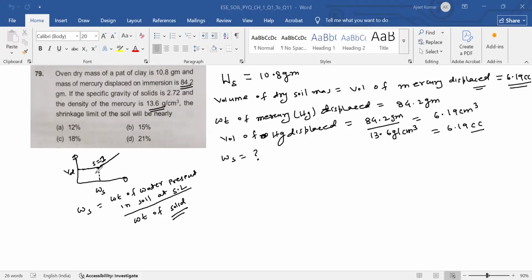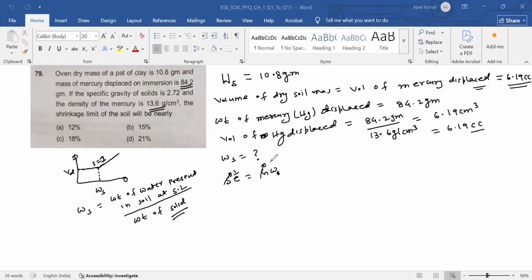To know this, we can use the formula SE is equal to G into W. Here S is equal to 1, and this is shrinkage limit, WS.